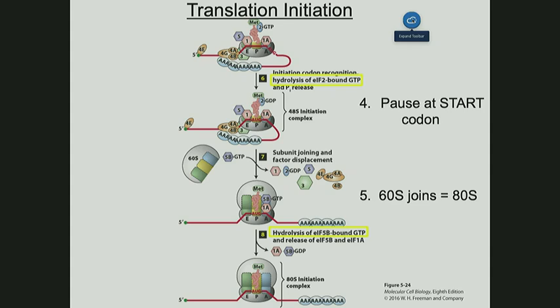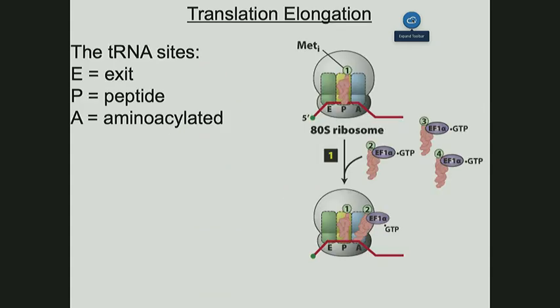So the next step is going to be translation elongation. Before we talk about that, let's talk about these 3 different sites that are in the ribosome. So this P site, which is where the initiator tRNA can initially bind to, that is called the peptide site, and that is because that is where the growing peptide, the chain of amino acids hooked up to the tRNA, is going to be found.